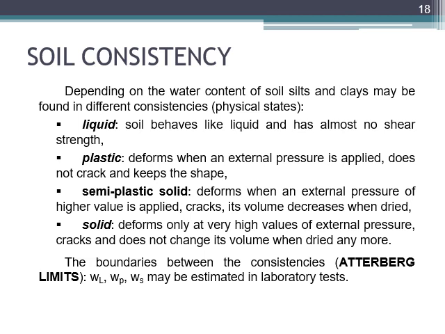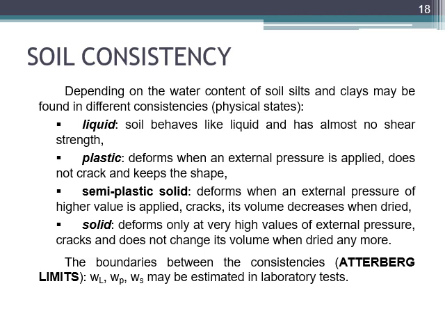So the liquid consistency means that the soil behaves like a liquid and has almost no shear strength. The plastic consistency means that the soil deforms when an external pressure is applied, it doesn't crack, and keeps the shape.